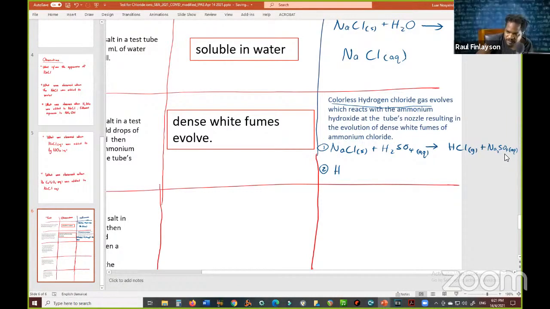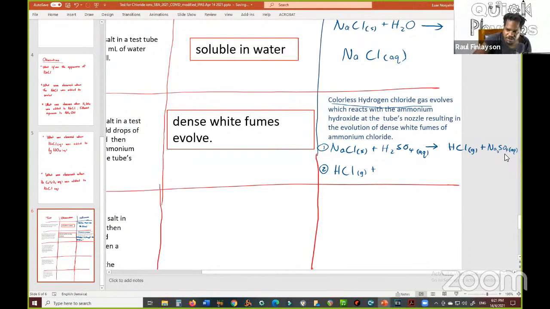All right, so the HCl gas will come off. That will go to the top of the nozzle. HCl is that fission reaction that takes place, and the HCl is a gas which will meet up with ammonium hydroxide. Ammonium hydroxide is actually a liquid, but it gives off ammonia gas. So the formula there would be NH3.